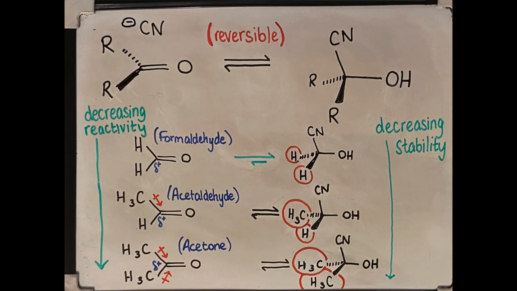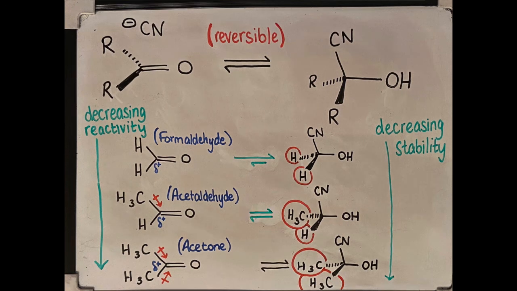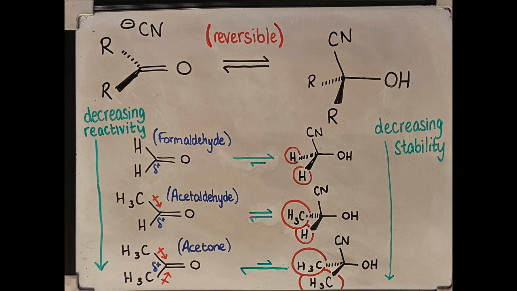For formaldehyde, with a reactive starting material and a stable product, the equilibrium favours the right-hand side. For acetaldehyde, with a relatively reactive starting material and a relatively stable product, we will have a relatively equal equilibrium. For acetone, with a relatively unreactive starting material and unstable product, the equilibrium favours the left-hand side.